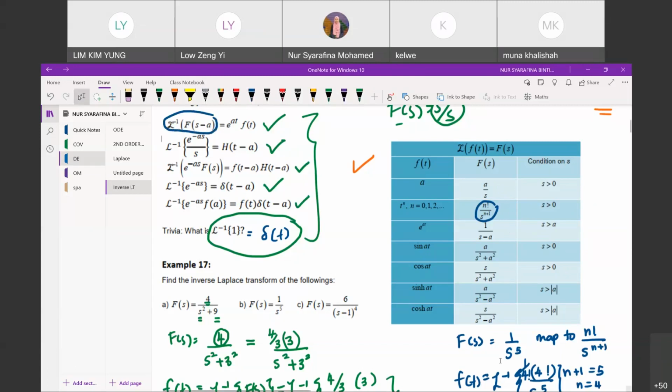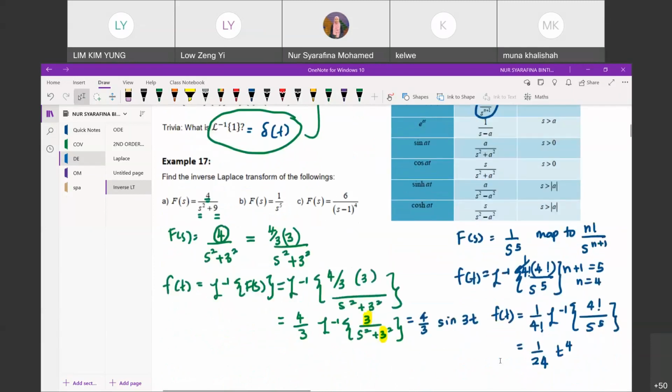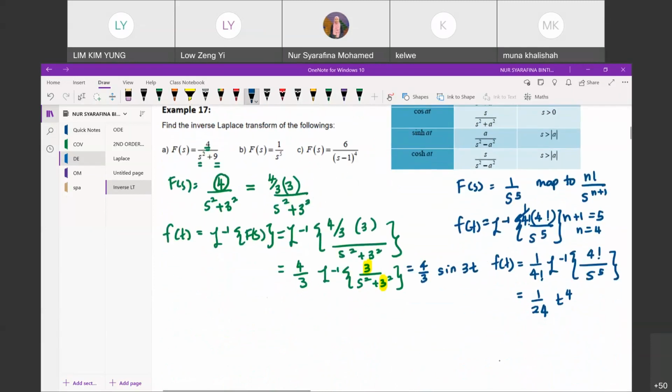So from here, this 6 over s minus 1 to the power of 4 is mapped to F(s minus a), where the inverse transform of F(s minus a) equals e to the power of at times f(t).